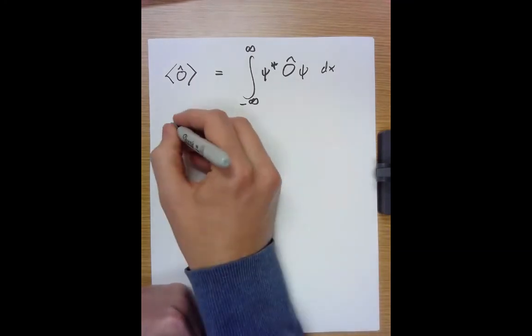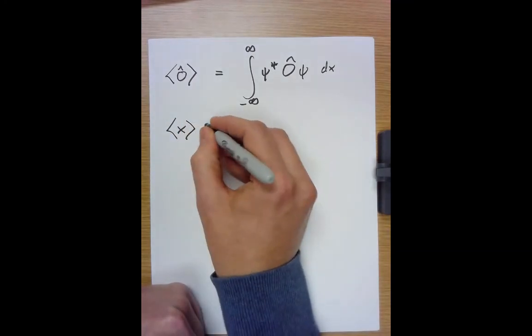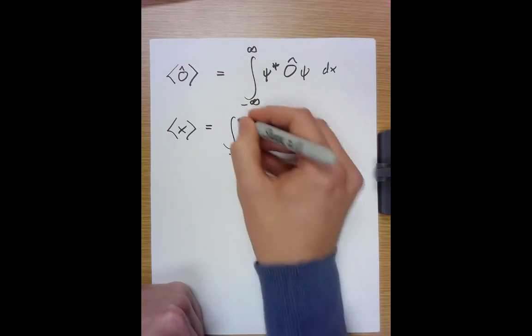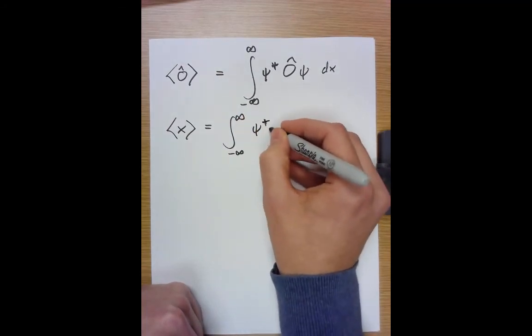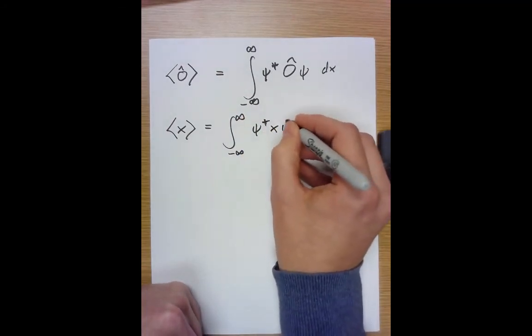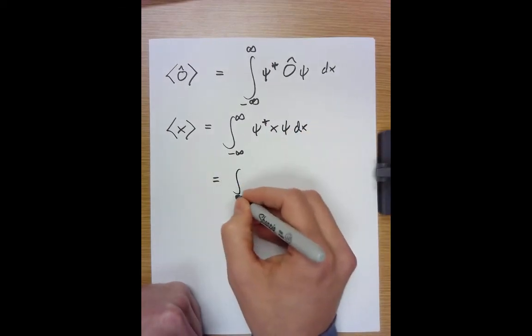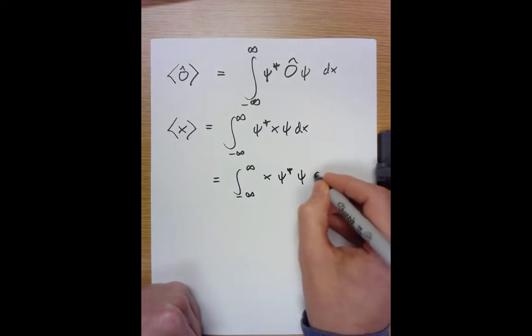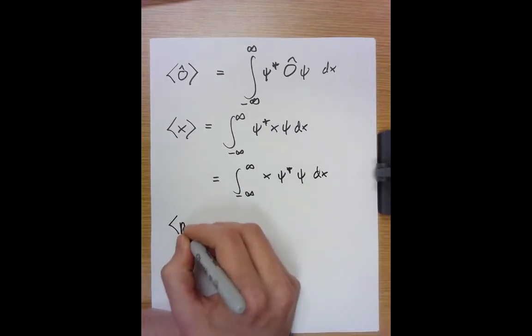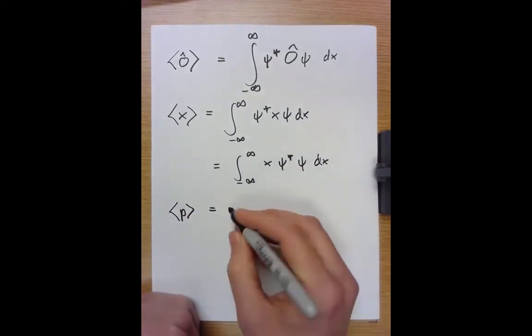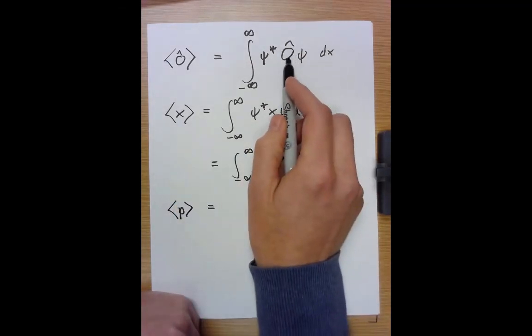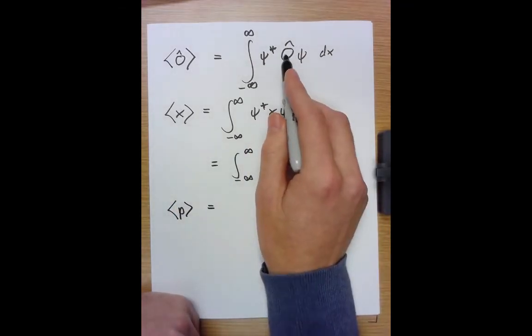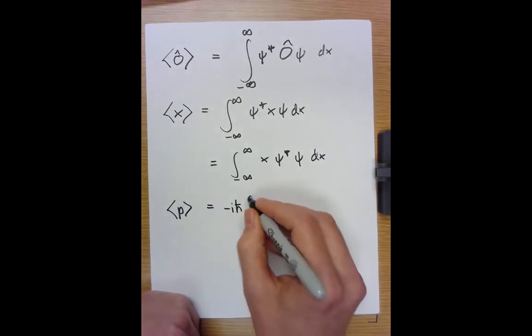So, for example, we've already seen that the expectation value of x is the integral from minus infinity to infinity of psi star x psi dx, which is just the integral of x times psi star psi. The expectation value of momentum is equal to, again, we sandwich the momentum operator, which is minus i h bar d by dx. Minus i h bar is a constant.